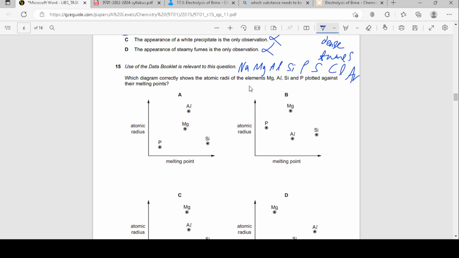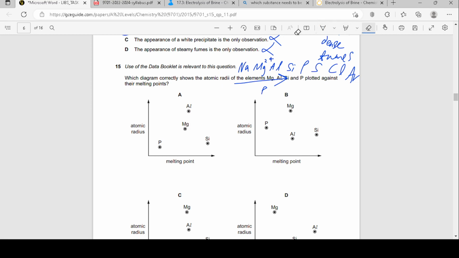The strength of metallic bonding increases from sodium to magnesium to aluminium because magnesium in its lattice exists as Mg2 plus and a sea of electrons, but aluminium exists as Al3 plus and a sea of electrons. Firstly, the Al3 plus cation has a smaller size than the Mg2 plus cation, because the cationic radius decreases across the period.